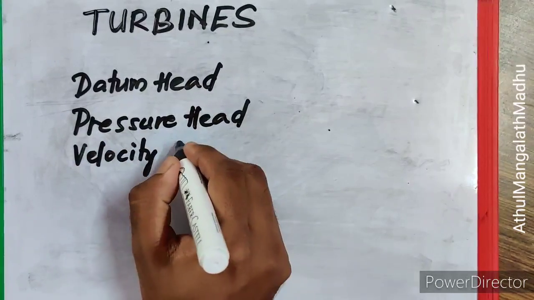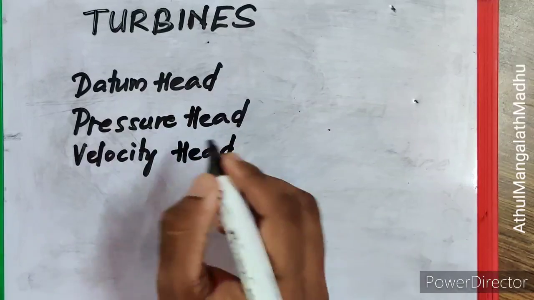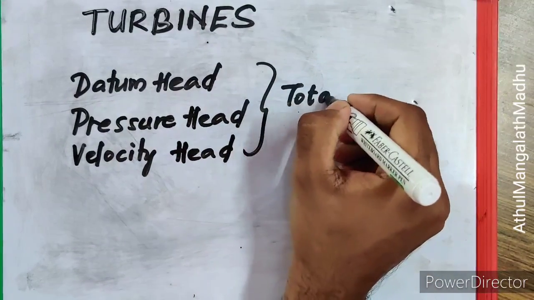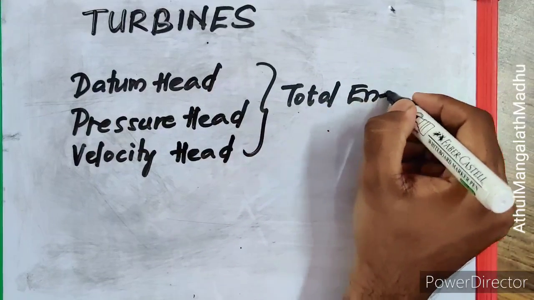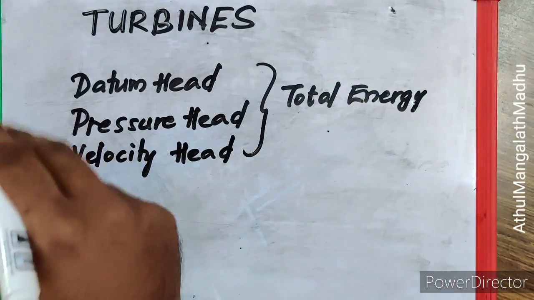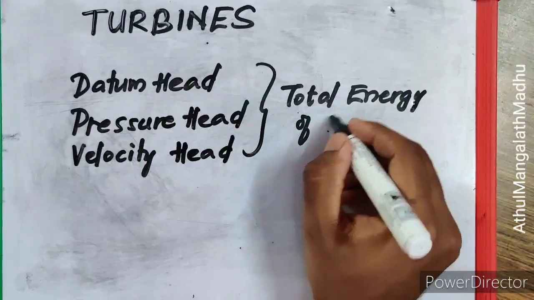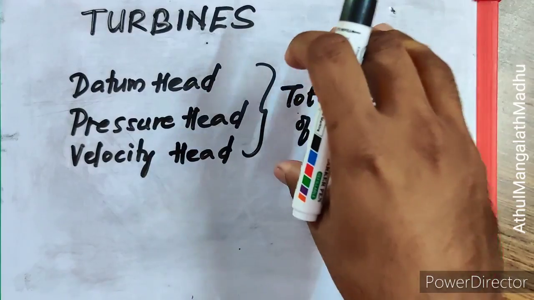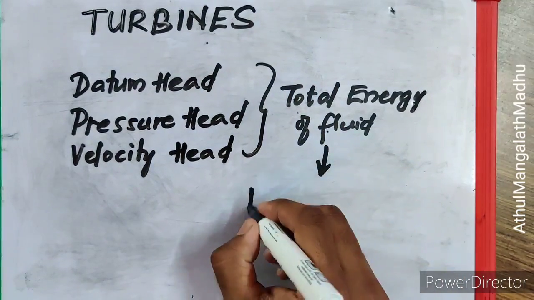These are the three energies that a fluid possesses, and this constitutes the total energy of a fluid. And the purpose of a turbine is to convert this energy of the fluid to mechanical energy.